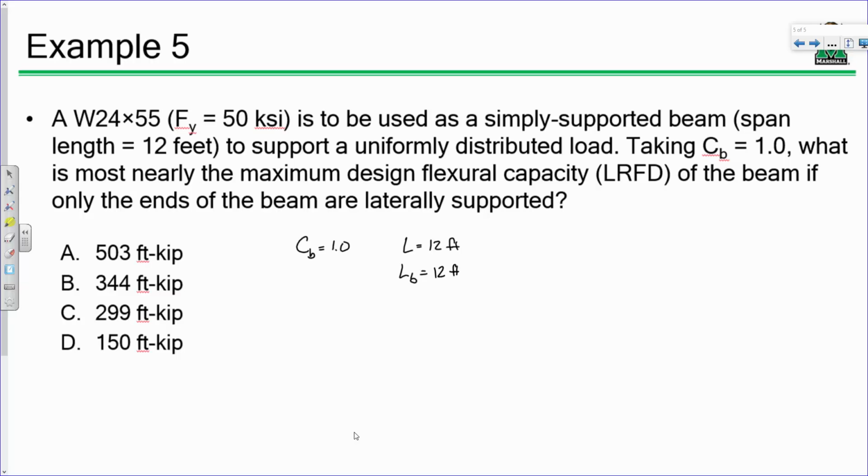There is a difference between the length of the beam and Lb. Lb is the distance between braces, okay? So make sure that you clearly are able to identify that difference. Now, a W24 by 55. All right, does everybody have all this info?